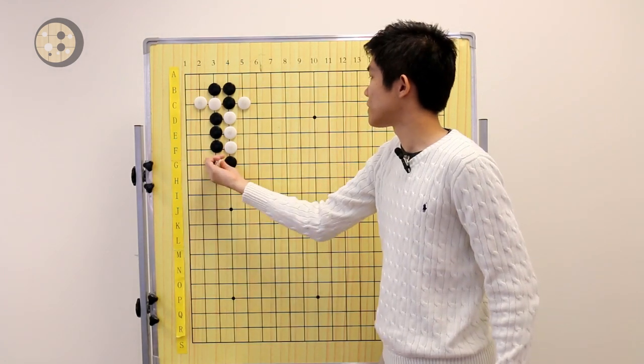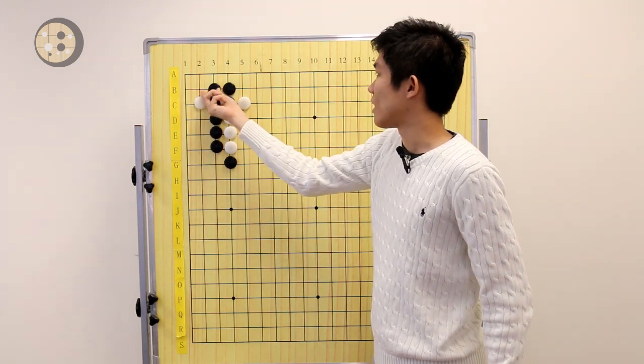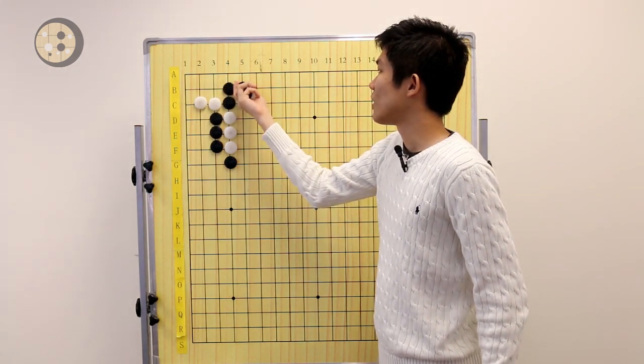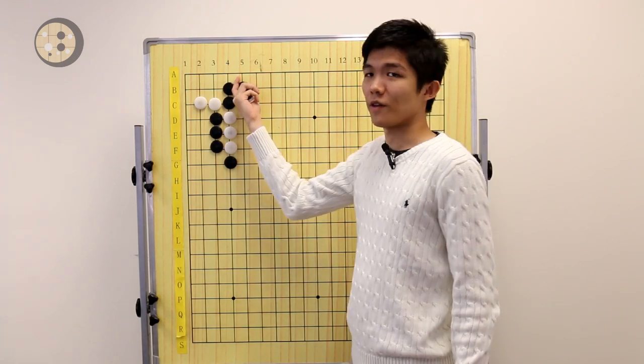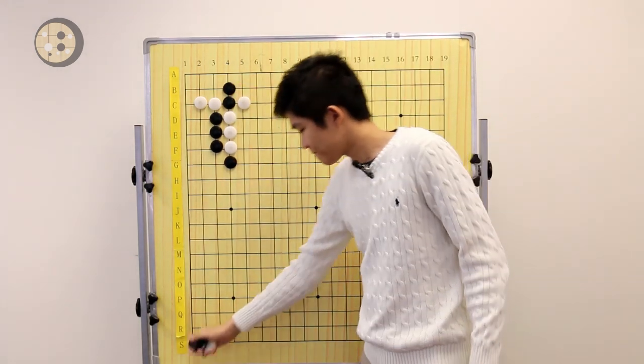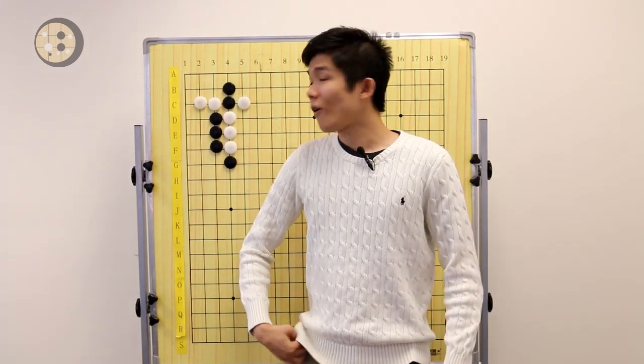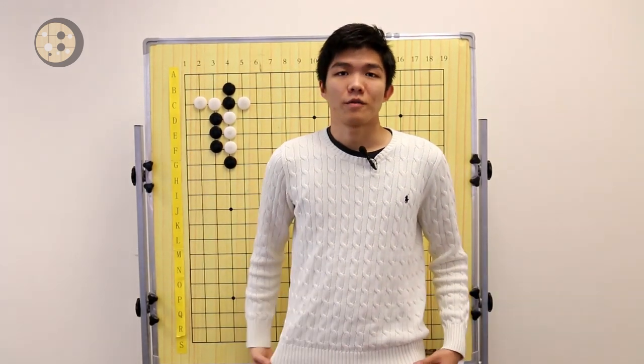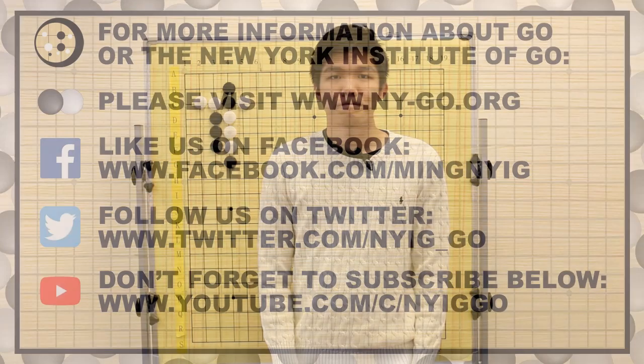So be careful when choosing these variations, and if you're comfortable as black, you should turn on the outside. So here is all the variations for the large avalanche.